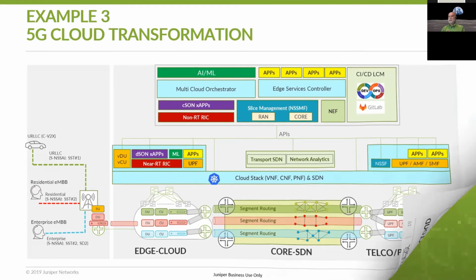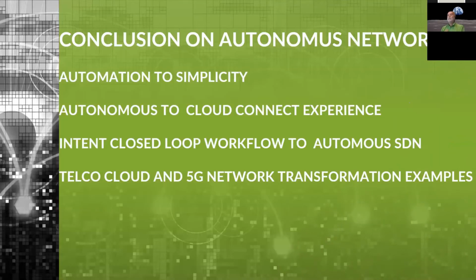And so, since I'm running out of time, just a few conclusions. Automation stays with simplicity. So the two things have to come together. If you automate and you don't simplify, you're not doing a good job. The autonomous network is fundamentally the connection to a cloud experience. You need to think about a cloud native architecture.